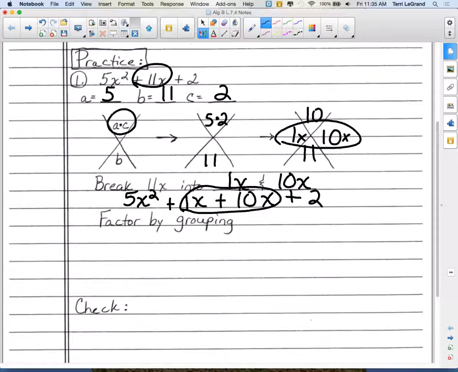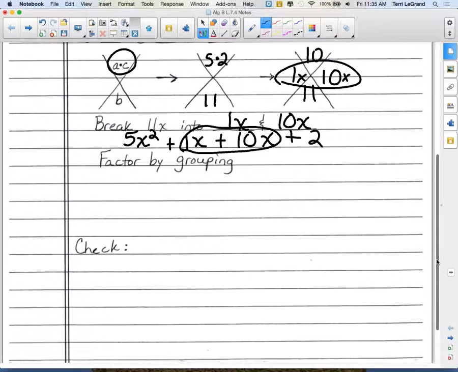So the first term of the trinomial stays the same. The last term of the trinomial stays the same. The middle term gets broken into 2 terms. And now we can factor it by grouping. Let's write down the polynomial that we have to factor by grouping.